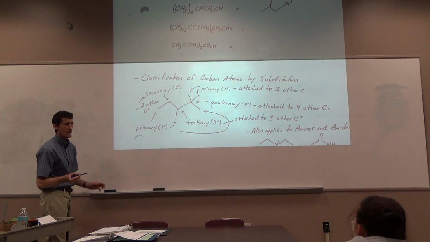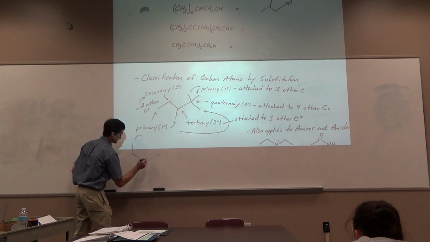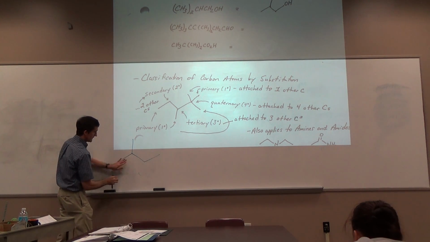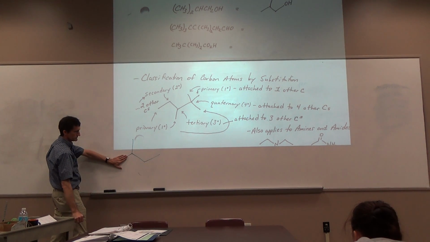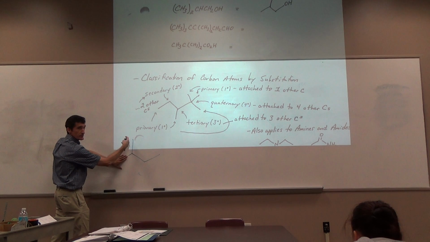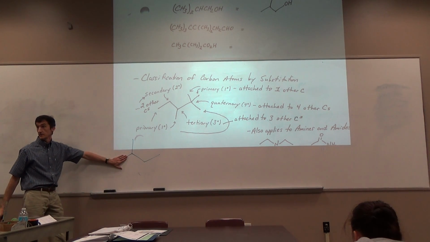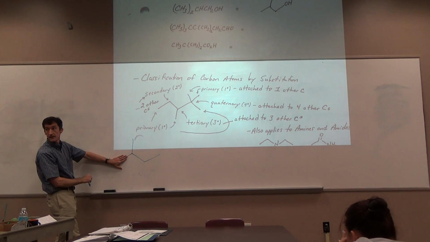Now you do have to be careful because, like even on the video, I called this a, what do you call that group there? Common name for that group. Sec-butyl. And I said it's sec because why? Because the first carbon is secondary.